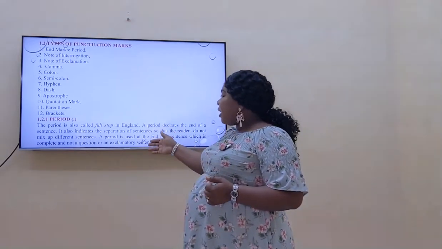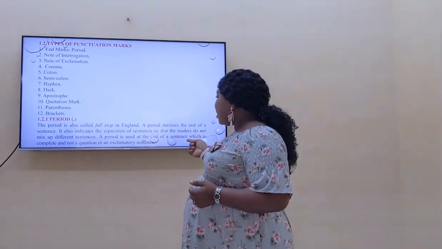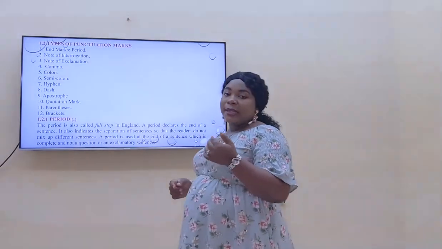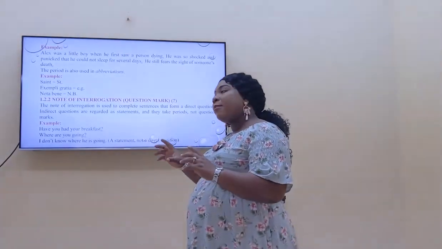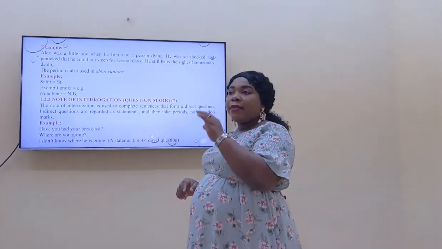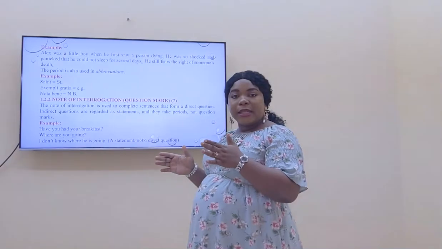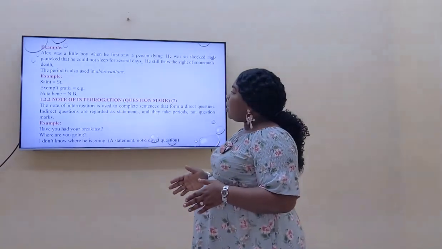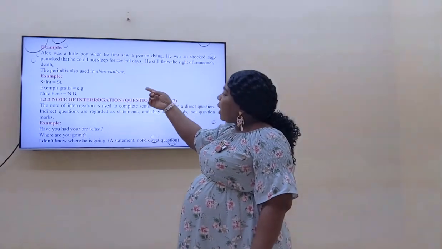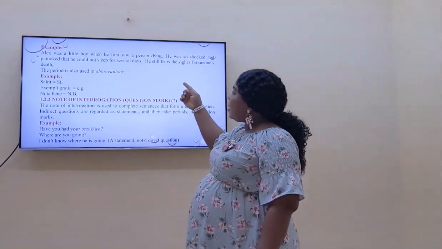Okay? So a period is used at the end of a sentence which is complete and not a question or an exclamatory sentence. Whenever you're writing something and you come to a point where you put a period or a full stop, that means that sentence is complete and you've stopped at that point. An example is: Alex was a little boy when he first saw a person dying.